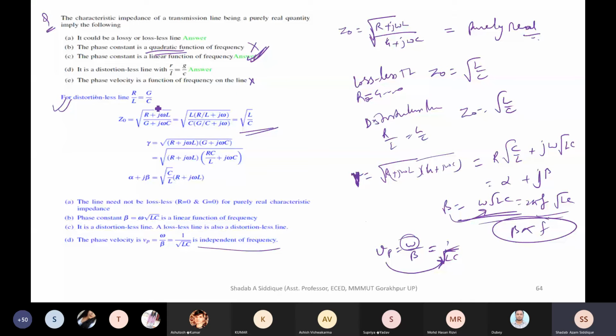So that statement is wrong. Now, it is given that the characteristic impedance of a transmission line is a purely real quantity. It could be a lossy or a lossless transmission line.